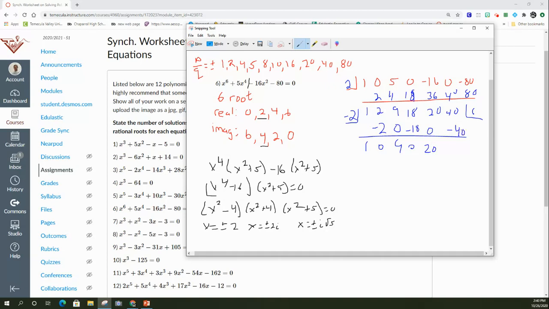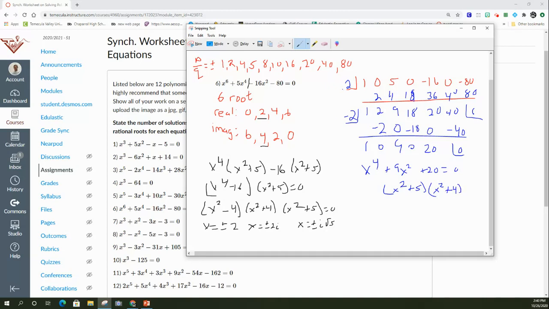And then I get 0 again. And now what am I left with? Now I'm left with x to the 4th plus 9x squared plus 20 equals 0. So this is a quadratic pattern now, x squared plus 5, x squared plus 4.